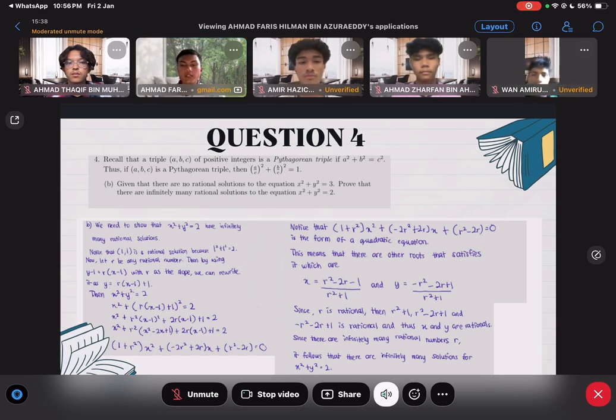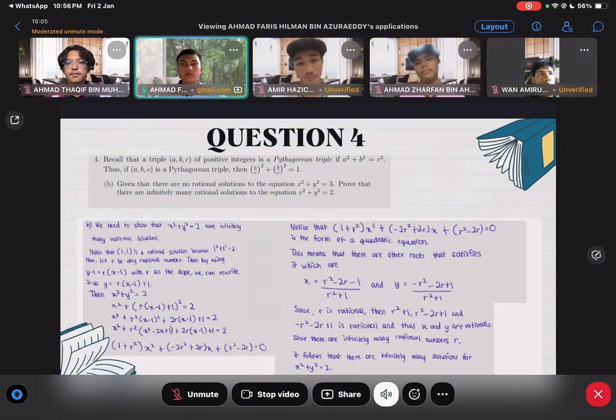Then, we can do some algebra and expansion, and finally, we will get the equation (1 plus r squared) x squared plus (negative 2r squared plus 2r) x plus r squared minus 2r equals 0. Now, notice that this is in the form of a quadratic equation.